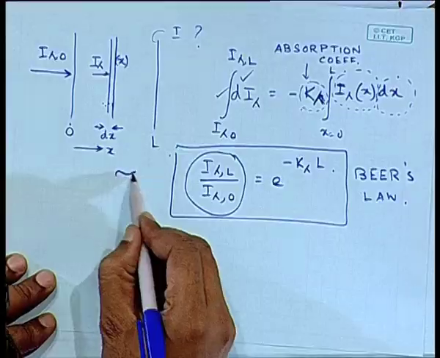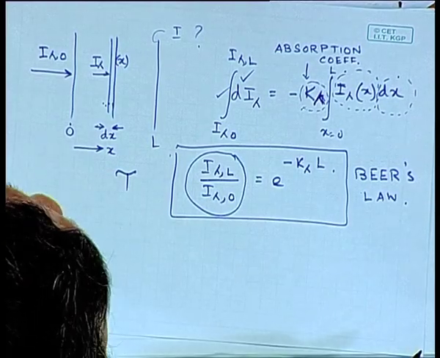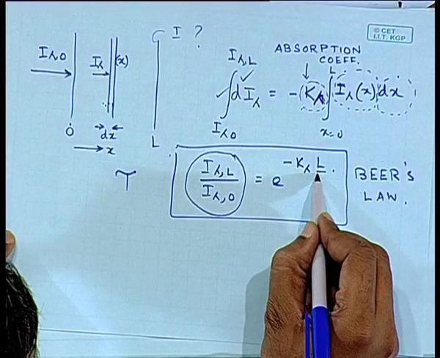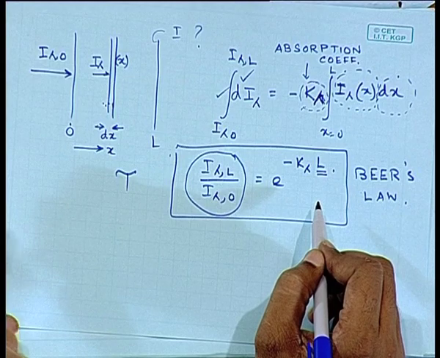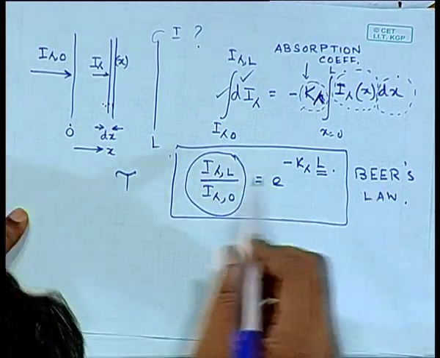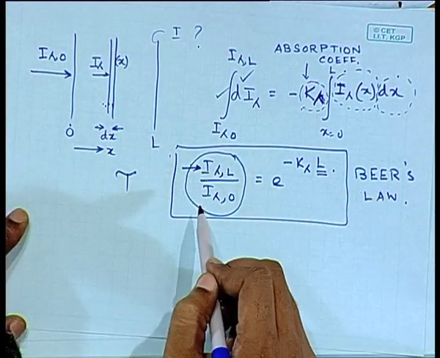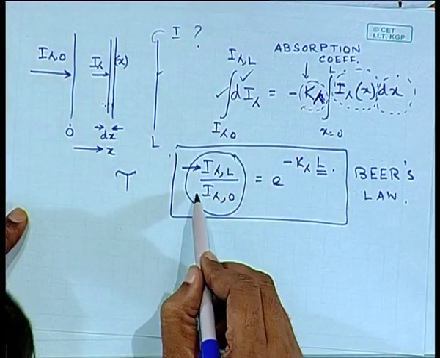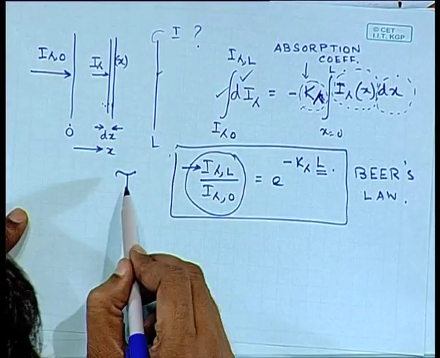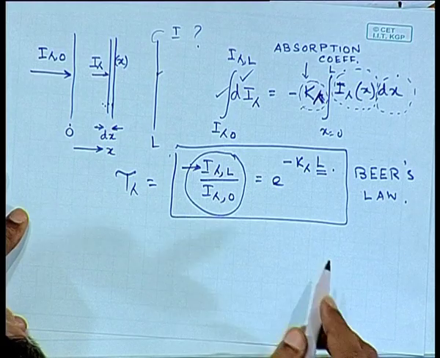So this is nothing but the transmittivity of the gas layer that we are talking about. The intensity that you get from a thickness of the gas layer, which is L. So this is what you get at this end compared to what you start with. So this is nothing but the transmittivity of the gas layer.